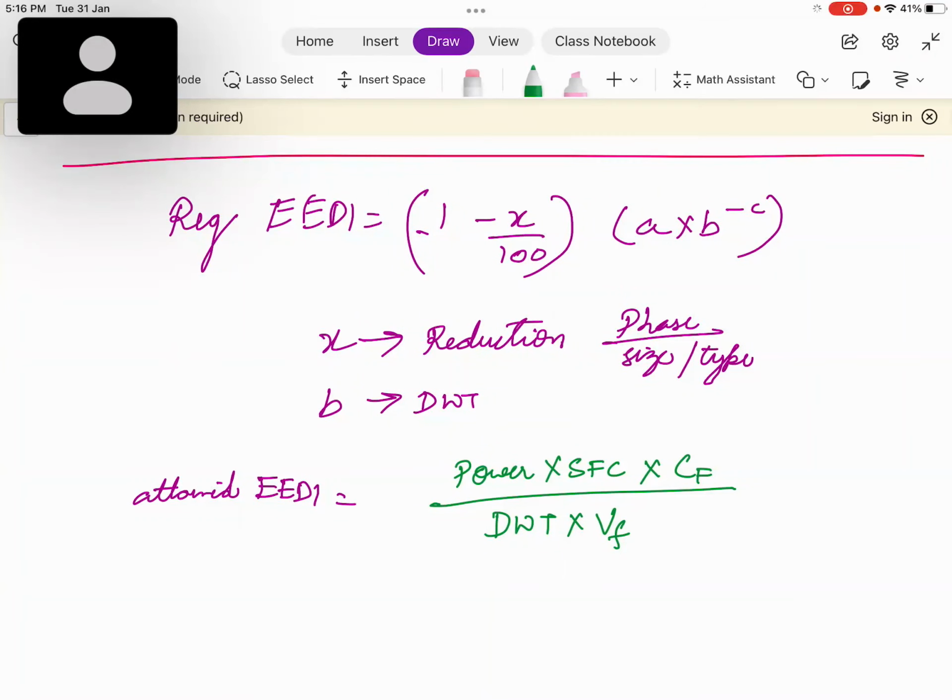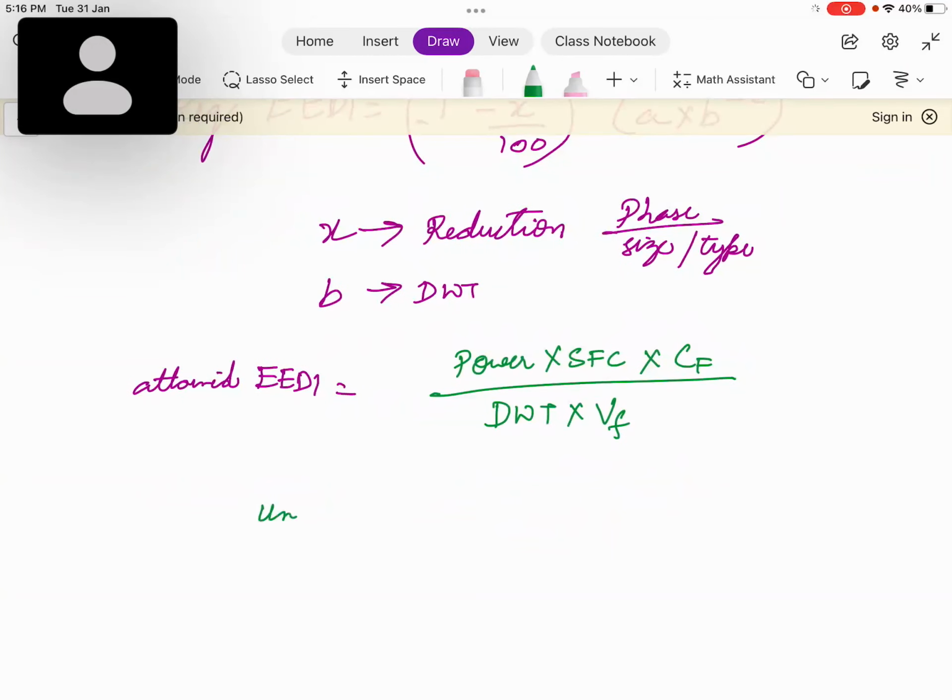It is the index that estimates the amount, grams of CO2, released when you carry a cargo of 1 ton over a distance of 1 nautical mile, right? Because the unit is grams of CO2 divided by ton nautical mile. This is the formula.